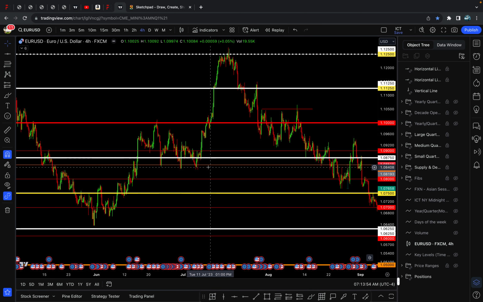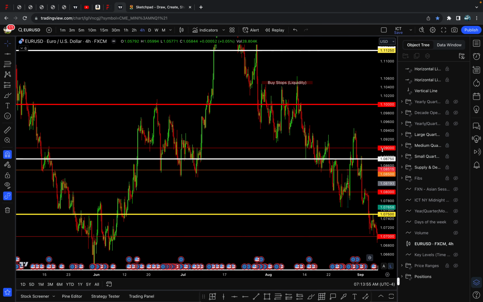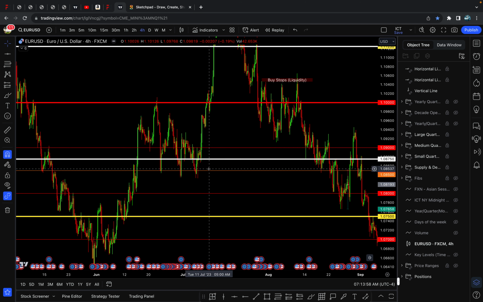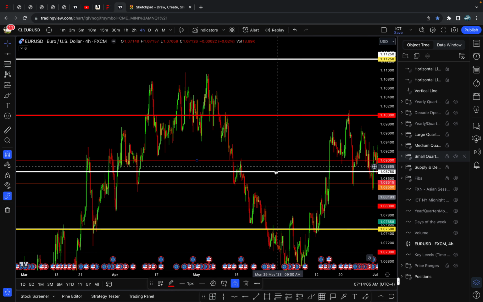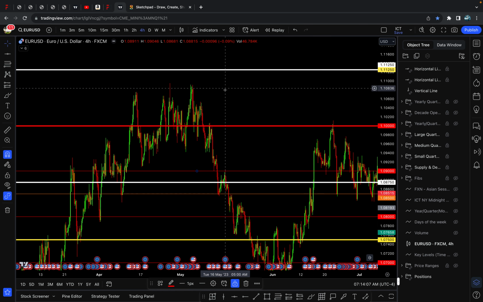So what you'll find is that sometimes when it does go below, it'll tap into one of these little 1000 levels, right? And you can see that happening at different times here.